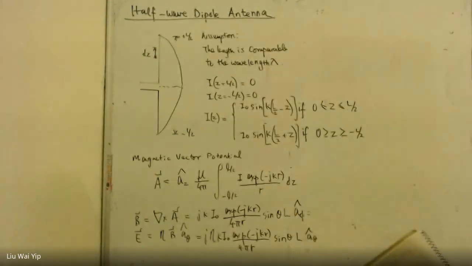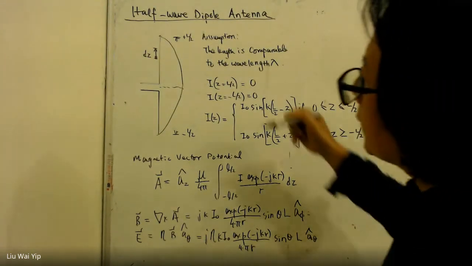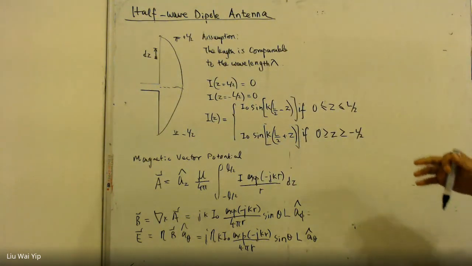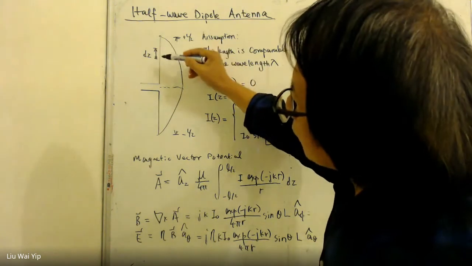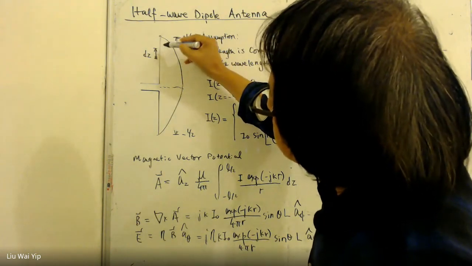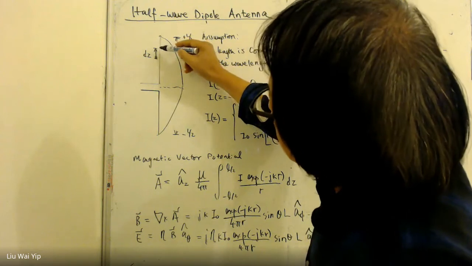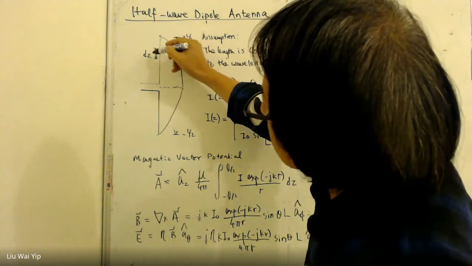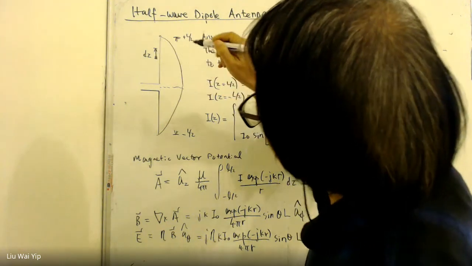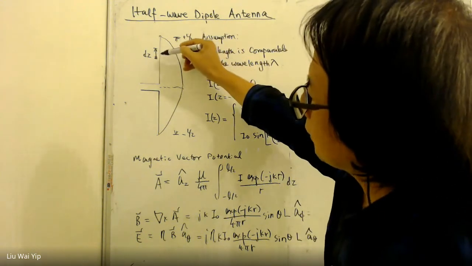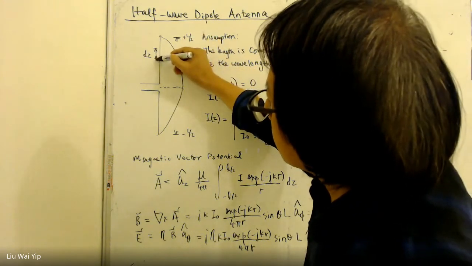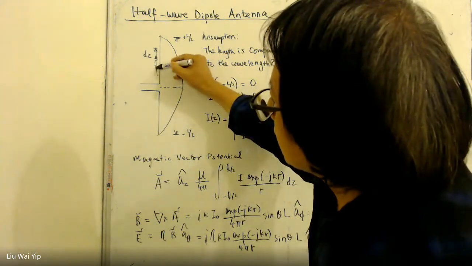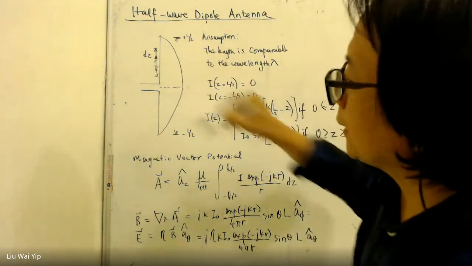In the half-wave dipole, we assume that the whole length of the antenna is a cascade of multiple small segments, multiple Hertzian dipole antennas. So we have a Hertzian dipole antenna at the position of z, and the next one will be another Hertzian dipole antenna, and the next one like this.